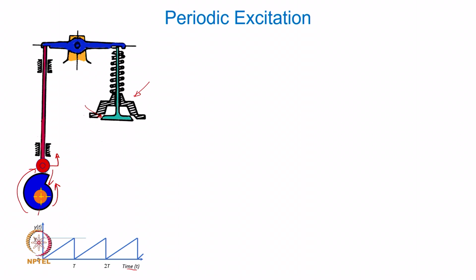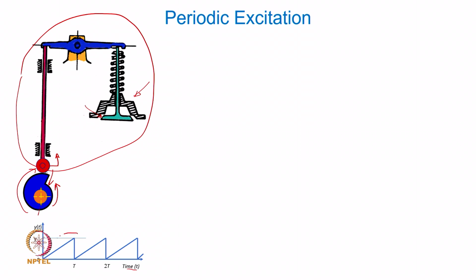It will gradually open and then suddenly close, then again keep opening and closing. Of course there will be some dwell period, but for the sake of illustration we can broadly consider that the motion imparted to the vibratory system, which is this, is almost like a base excitation from the cam.